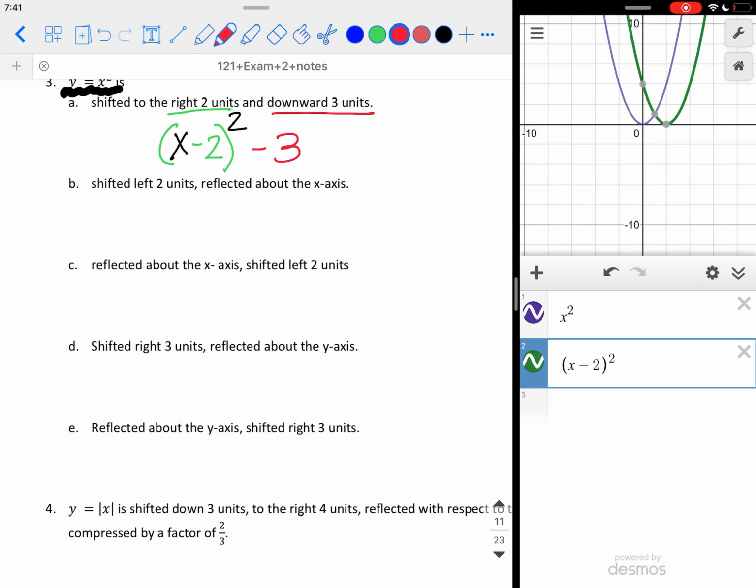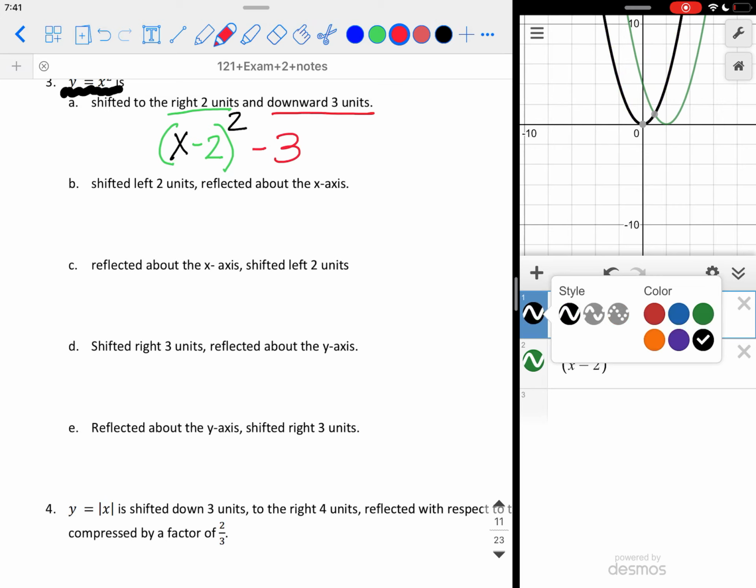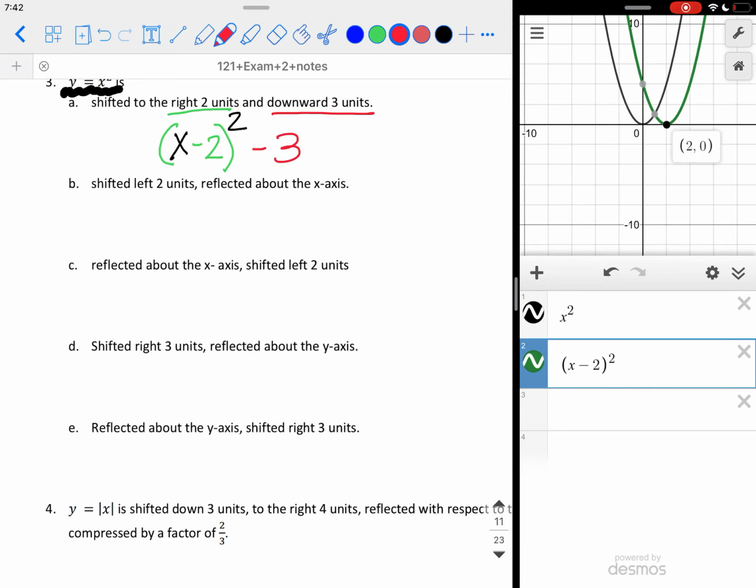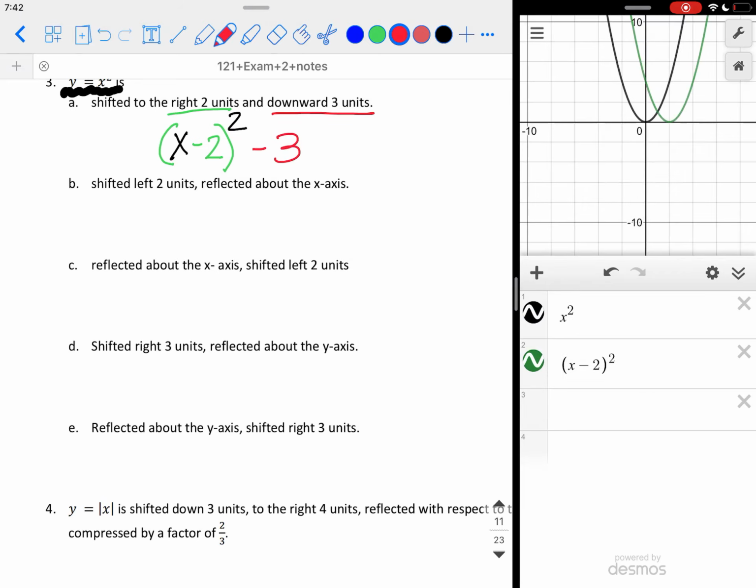If I'm going to do color coordinated here, I'm going to put it black. So the black graph is the parent, and the kid in utero in green is definitely shifted 2 units to the right. And I can check with the vertex right there. It went from 0, 0 to 2, 0.